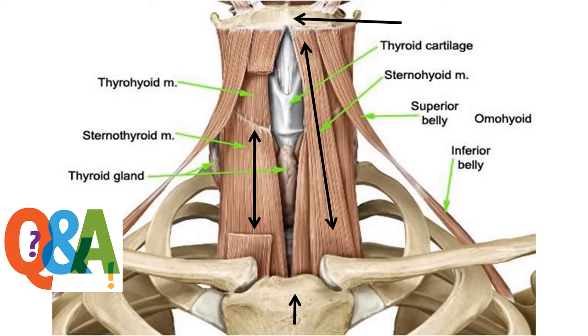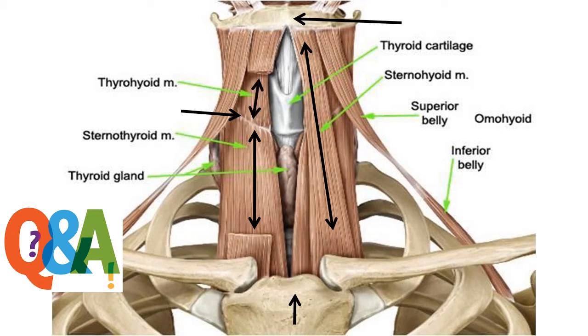If the sternohyoid muscle is removed, we see another muscle deep to it, which comes also from the posterior surface of manubrium sterni and attaches to the thyroid cartilage on the outside, and this is called sternothyroid.